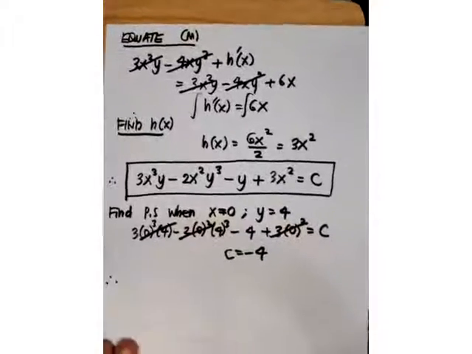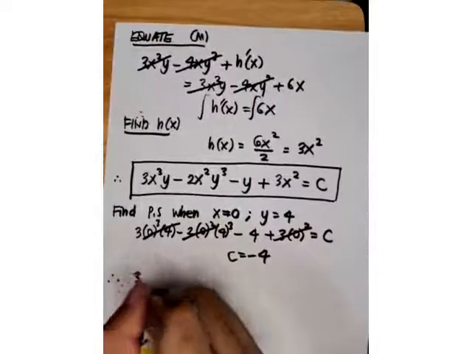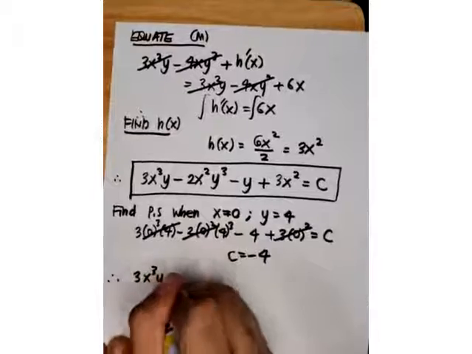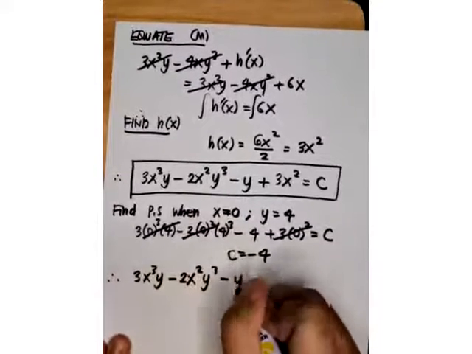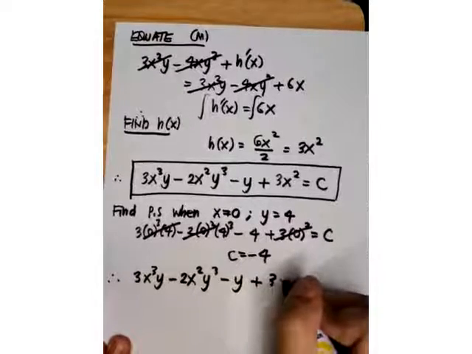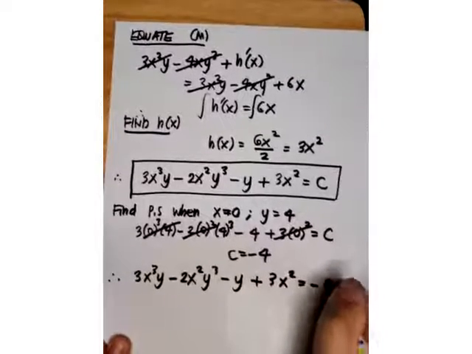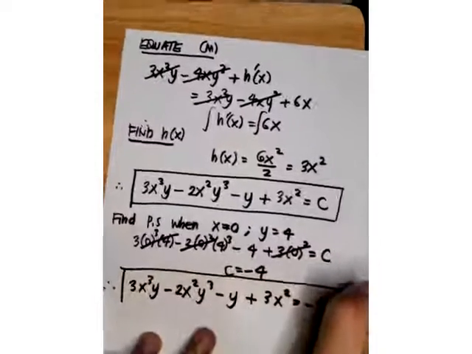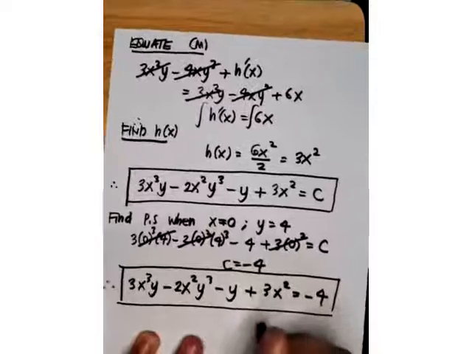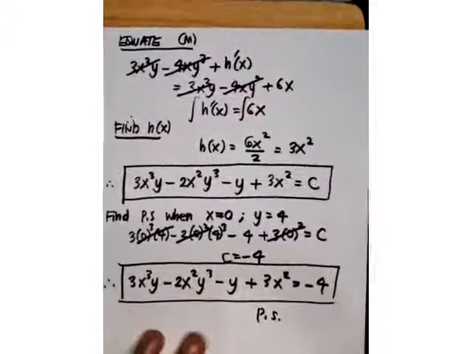Therefore, the particular solution is 3x cubed y minus 2x squared y cubed minus y plus 3x squared is equal to negative 4. So this is our particular solution.